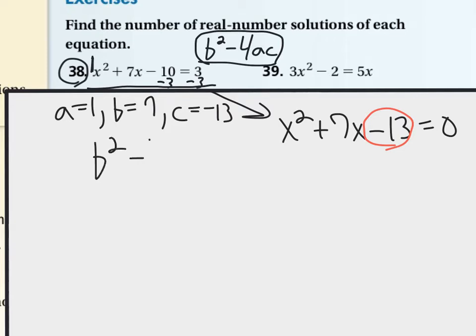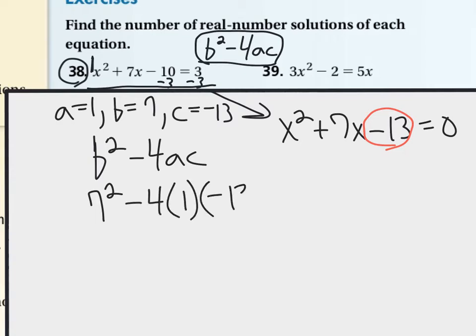So I'm going to write this again. The closer together all this stuff is, the less chance of us making a mistake here. So b is 7, so we've got 7 squared minus 4 times 1 times -13. So 7 squared is 49. And then 4 times 1 is 4.